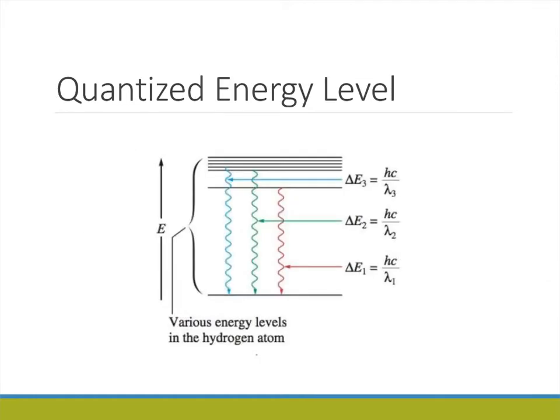Using the concept of energy quantization and the wave-particle duality of Einstein, we can actually surmise that the reason we see different energies and different frequencies and different wavelengths within a discontinuous spectrum has to do with the nature of the electron.